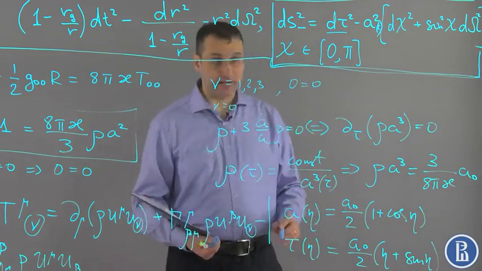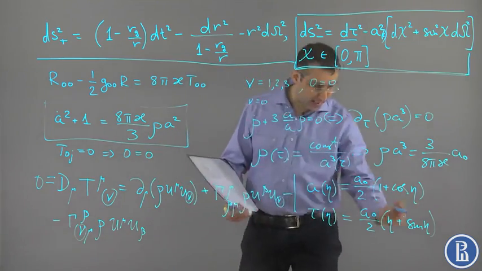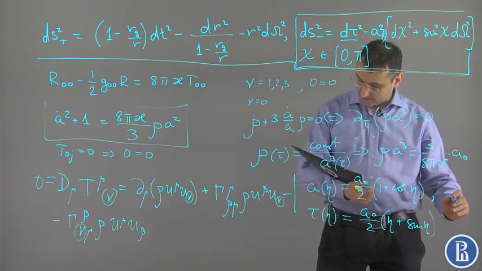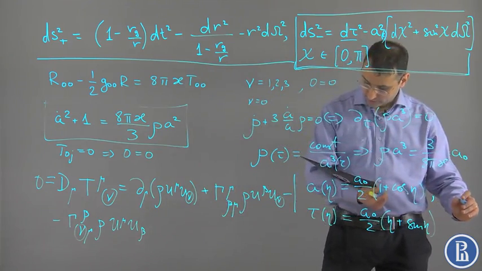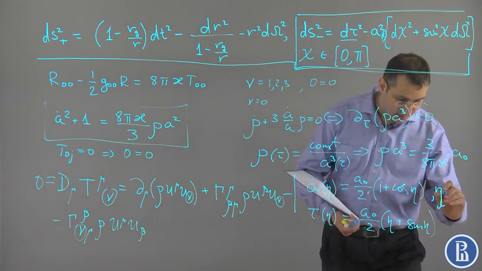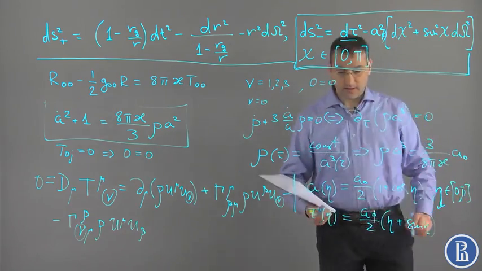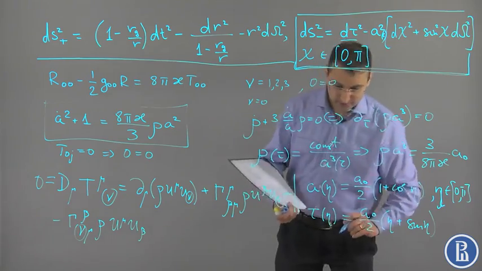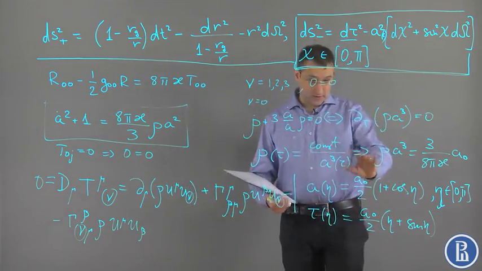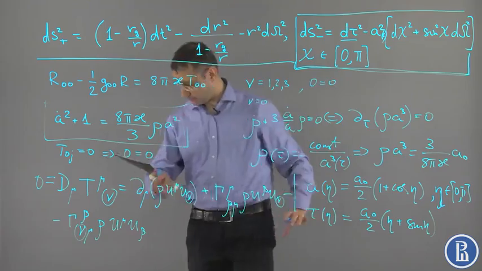Again, we're going to study this metric in greater detail in the 11th lecture, and we'll understand the physical meaning of this parameter eta, which runs from 0 to pi. But now we can just show that this indeed solves this equation.